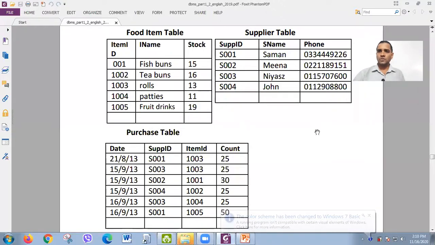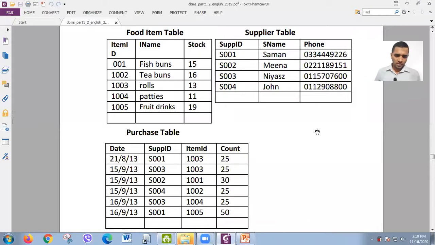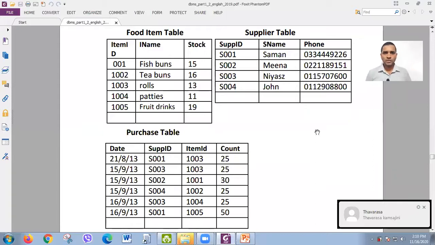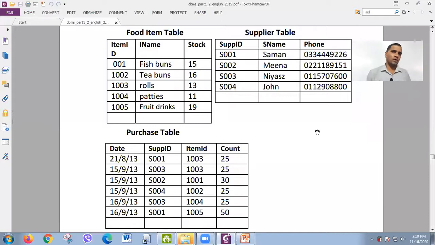Look, this is the one which I explained earlier. I forgot to mention one thing. Let me remind that. If it is a definition, you can say that a data in the first table can have more than one data in the second table, and a data in the second table can have more than one data in the first table.